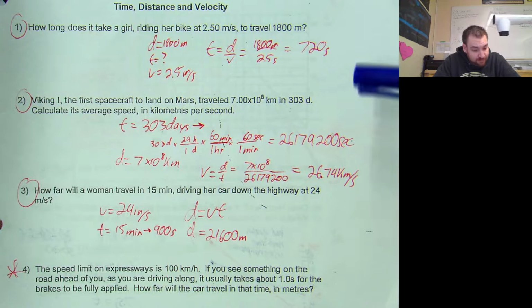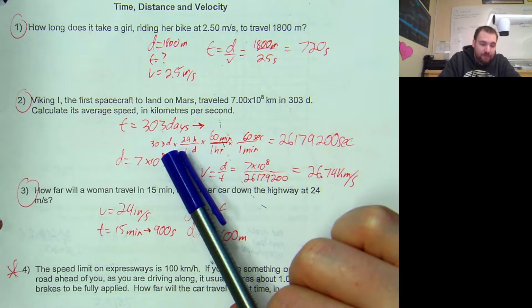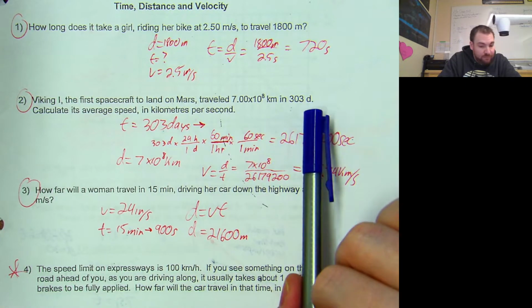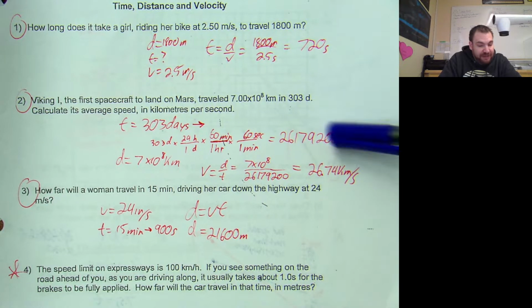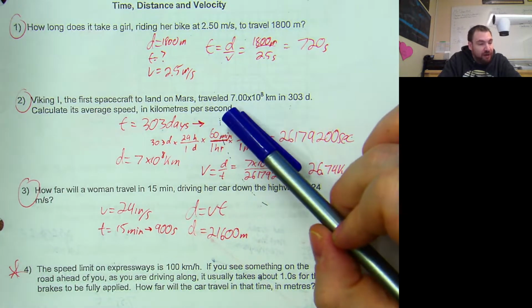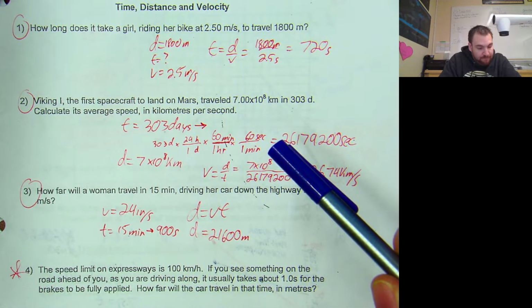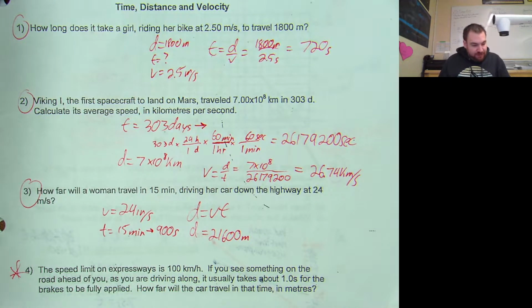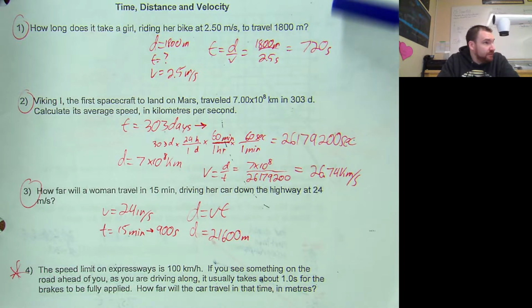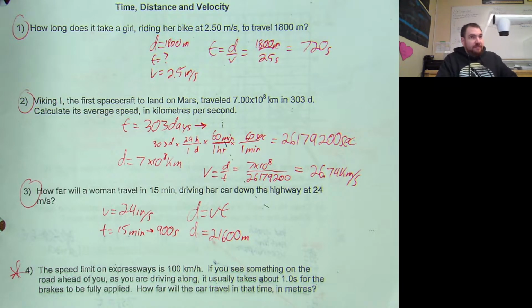Yes, I converted 303 days into seconds because it wanted the answer in kilometers per second. And I'm wondering if I screwed up that last question. 900 times 24, number 3. Yeah, no, that's the same thing. Okay. Questions, comments, concerns on any of these three? Going once, twice. We're cool with these ones. Okay, I hope.